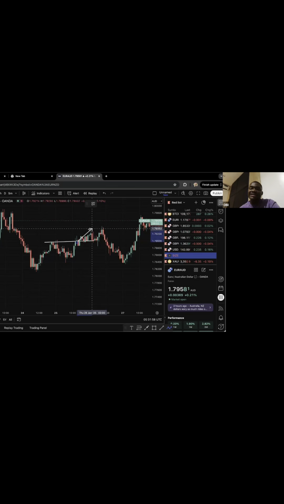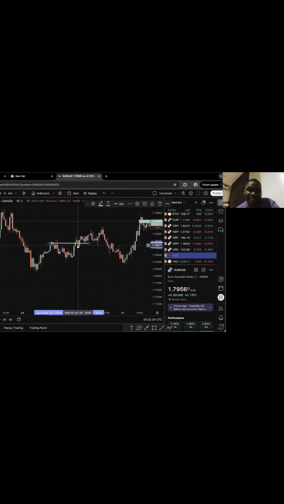Now, at this area, what would you be expecting the market to have? What are the candlesticks that happened at this particular area? You will notice that when the market got here, it closed on a green candlestick. Then another green candlestick appeared, which is the one here. Then another one appeared, which is one red candlestick.